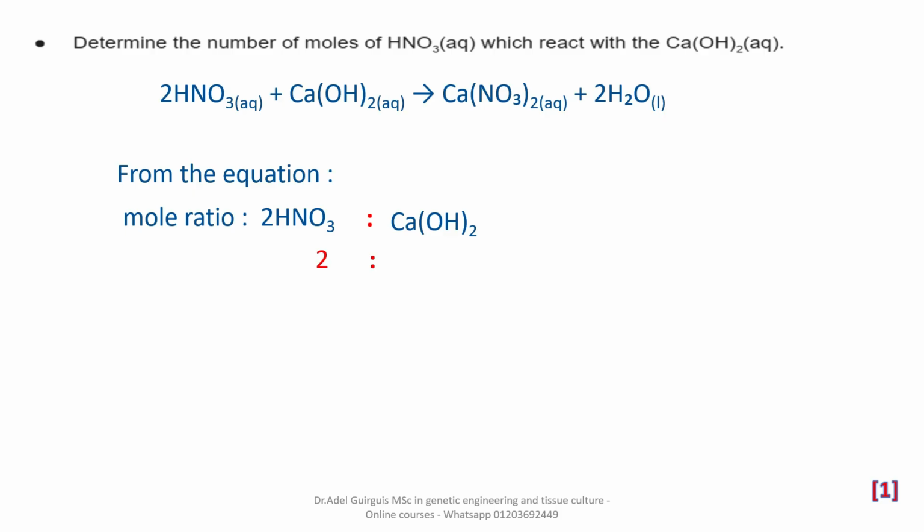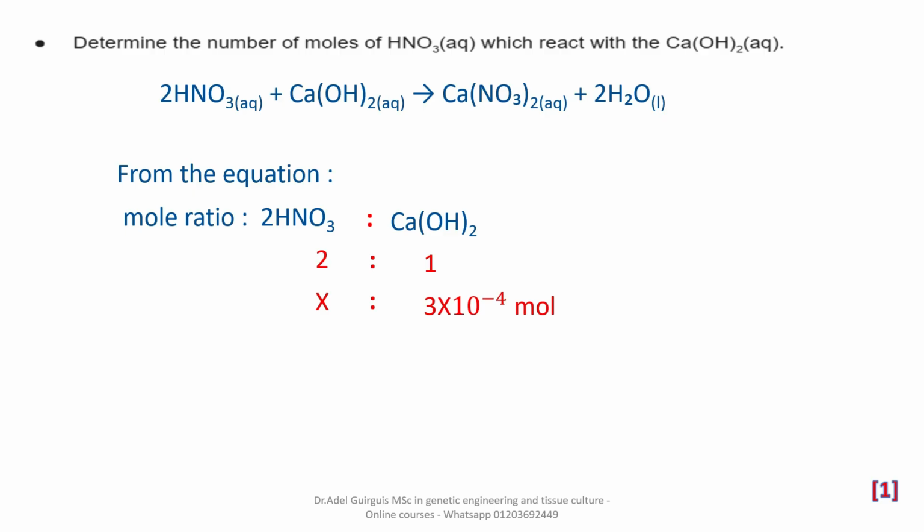But we already know that 1 mole of calcium hydroxide is in the equation, while in the last step of calculation we obtained only 3 times 10 to the power minus 4 mole. So how many moles of nitric acid? It is represented by x.